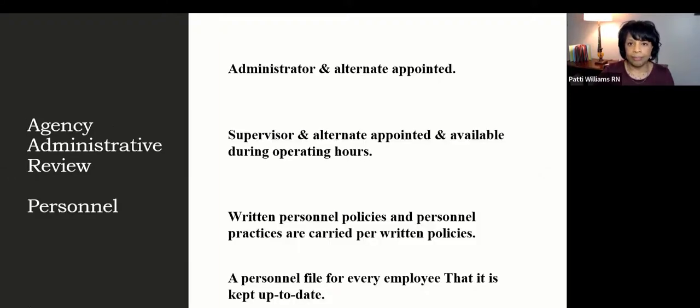I also thought that the agency administrative review for personnel was one I wanted to show you today. You need to have an administrator and an alternate.